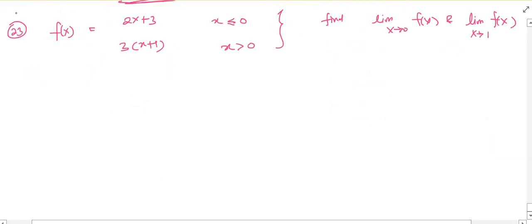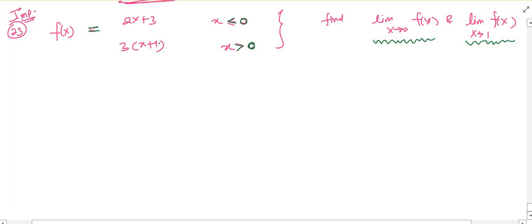This is a different type of question, and watch it carefully because coming questions will be solved by a little bit different method. So they are asking to find these two limits when x is tending to 0 and when x is tending to 1, and this is the function. Now the function is changing its behavior at 0, means the function has two definitions now.